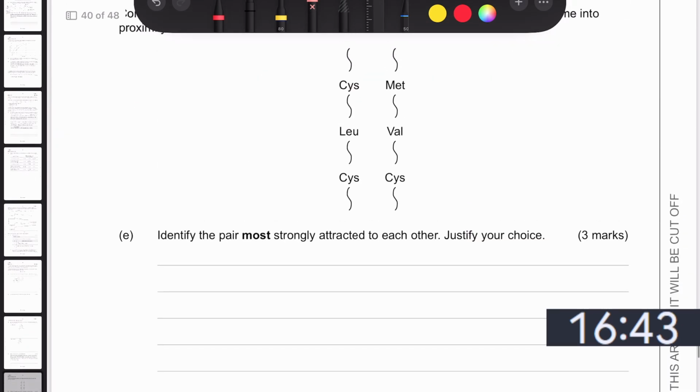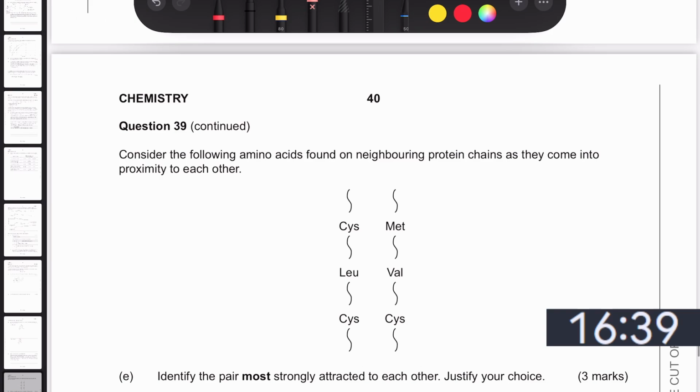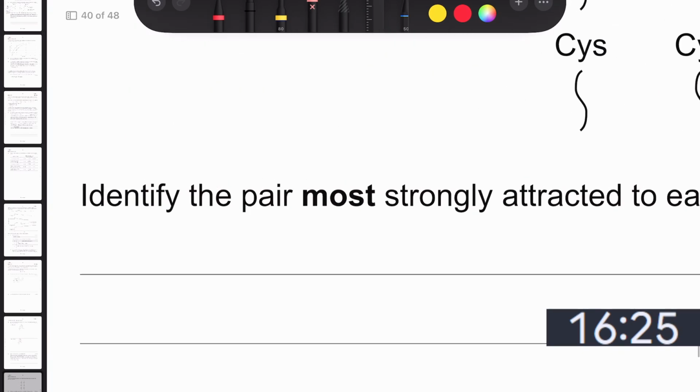Okay. Identify the pair most strongly attached to each other, justify your choice. Consider the following amino acids found on neighboring protein chains as they come in close. Identify the pair most strongly attached to each other, justify your choice. This would be cysteine and cysteine. Cys and Cys.